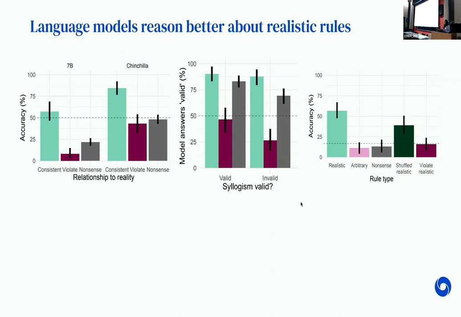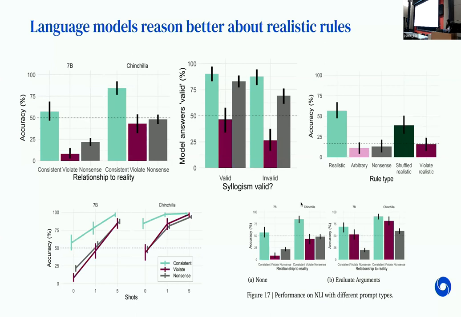There are ways you can improve the reasoning of these language models, even in the abstract and violate conditions. Simple things like adding a few examples in the context, on the left. Just giving a few examples from the nonsense condition, with WUFs and FEPs, showing the logical structure, makes them get much better.